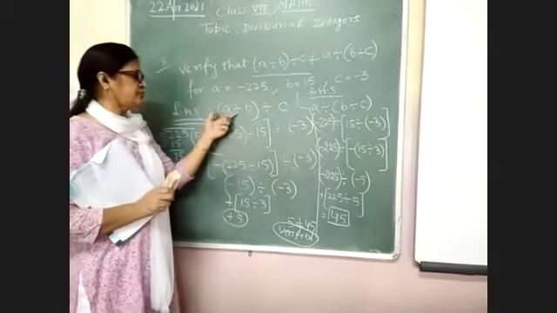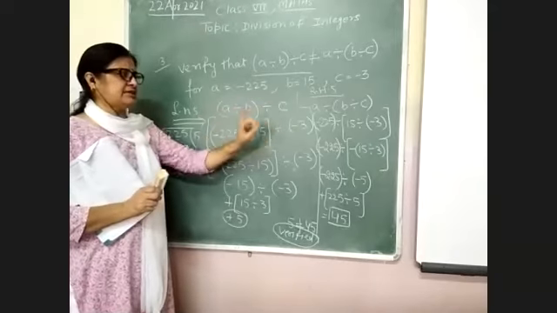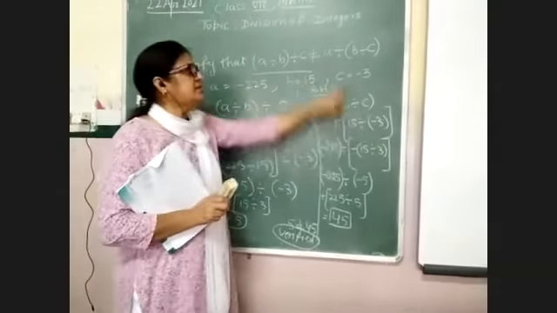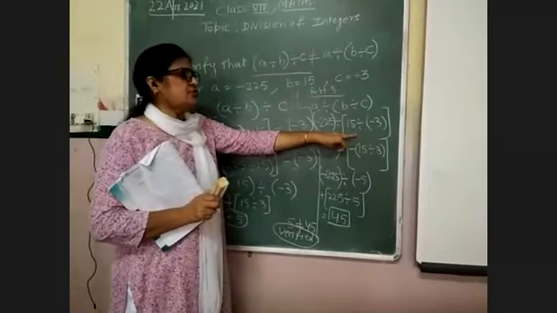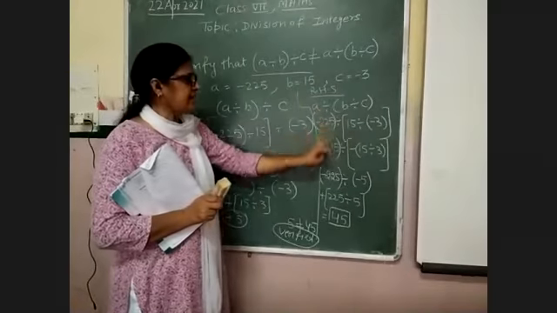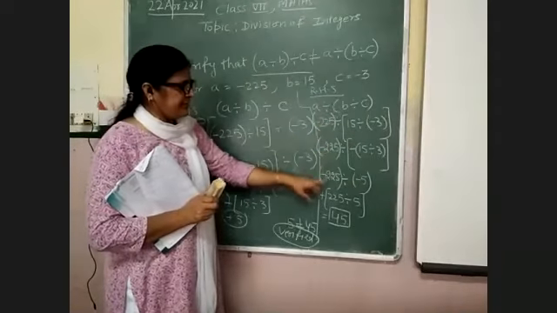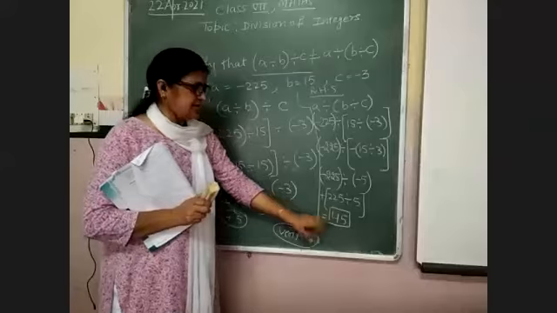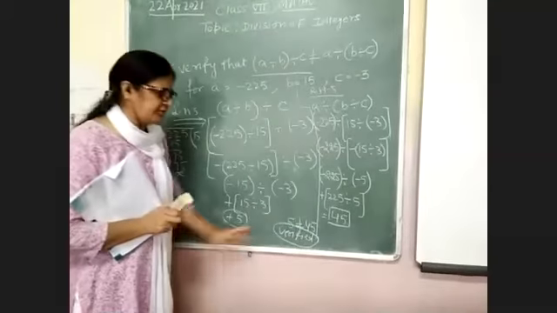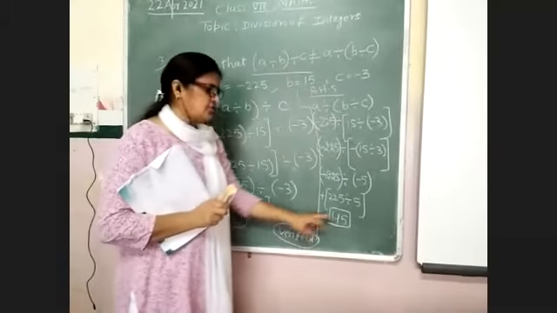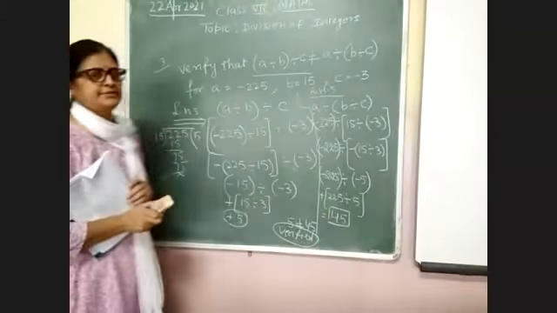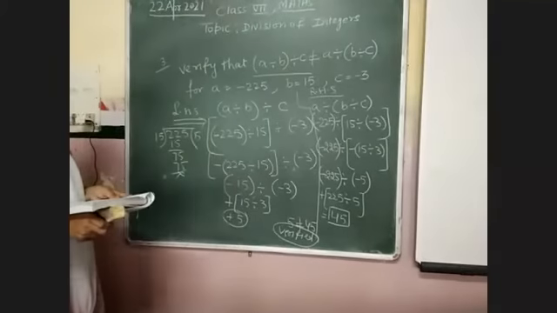First, you have to solve this bracket, then divide by C. And in this part, on the right hand side, first you have to solve this bracket and then 225 divided by this part. Now it becomes 45. So 5 is not equal to 45. Note down this question.